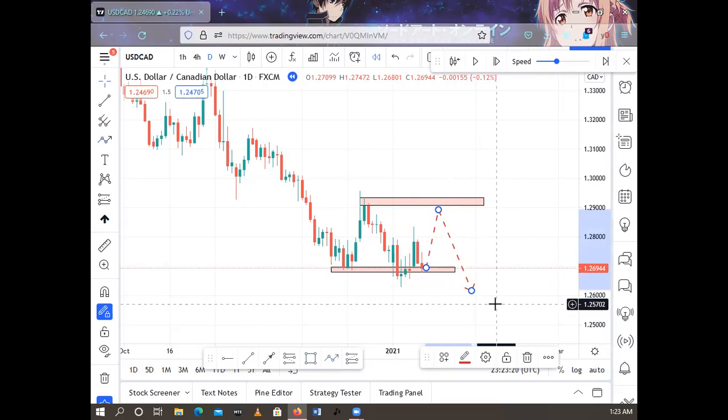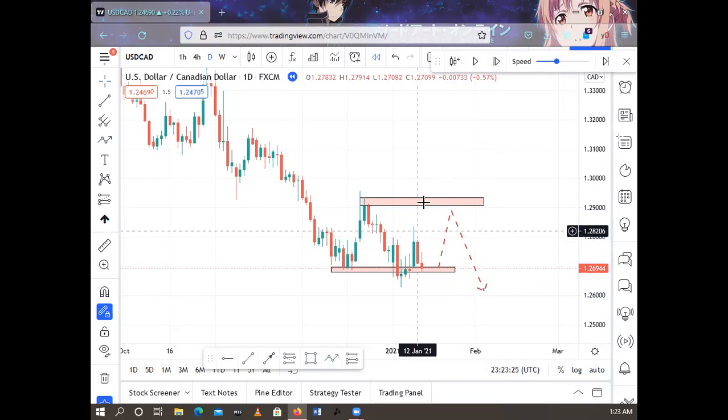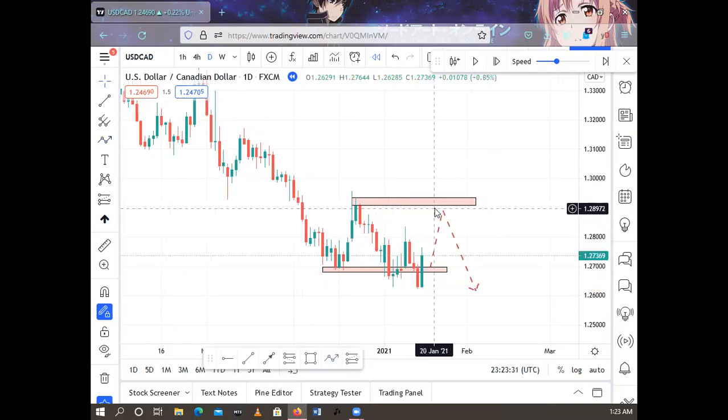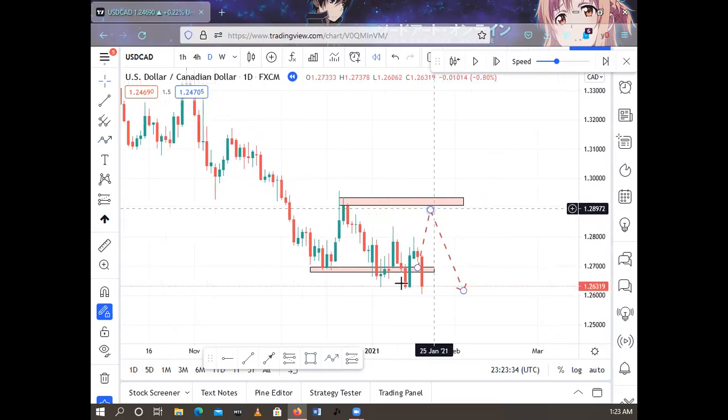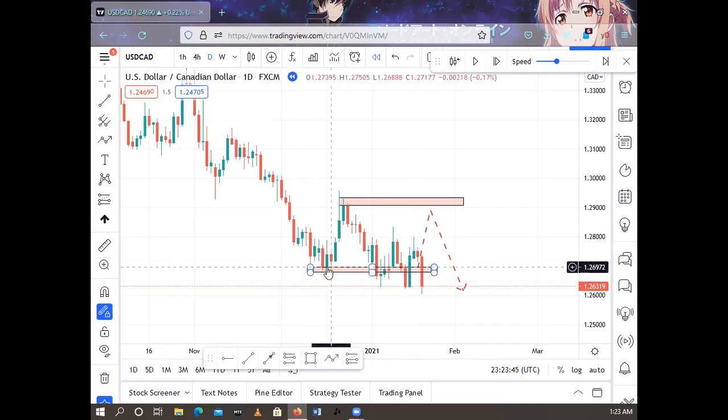Now, let me move this to an area where the price has actually moved into our area of interest here, right? You can see that the market had actually had a breakout here, but since we know that we are still in a downtrend, we would like to see price completely break this price out, right?